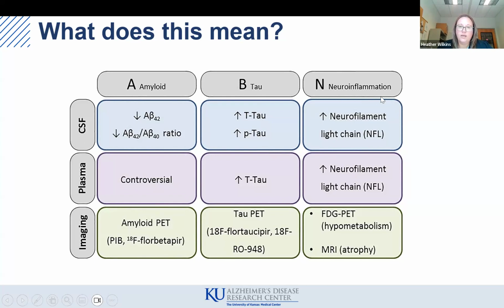In neuroinflammation, as I talked about, we have neurofilament light chain. This is approved in CSF. It is approved in blood or plasma. And when we want to look at this with imaging, we would use MRI to look at atrophy, or a glucose PET scan to look at what we call reduced metabolism, or hypometabolism.